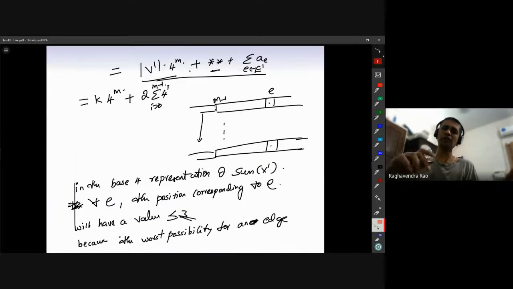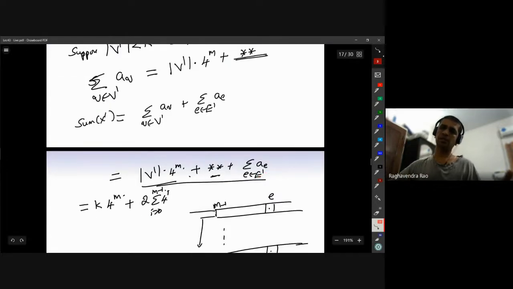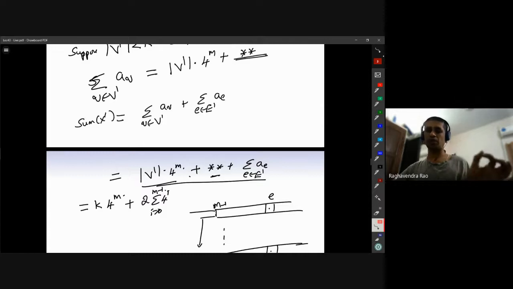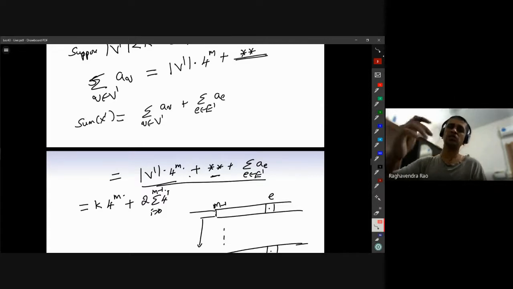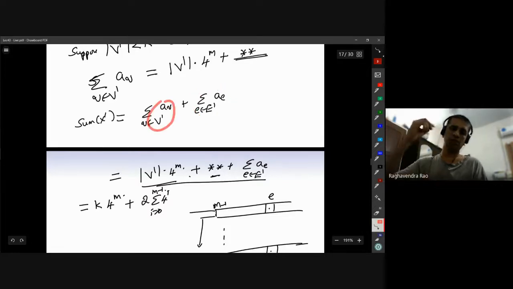That is because if you look at the remaining numbers, which we wrote as star star plus whatever, the remaining numbers contributed by these two will be strictly smaller than 4 to the m, because if you do this addition in base 4 representation, every position will have a value at most 3. The worst possibility is that the edge appears in E prime as well and both endpoints are in V prime.